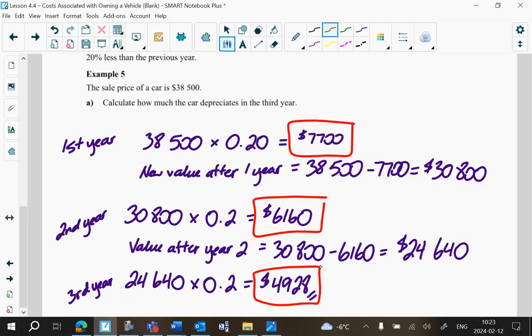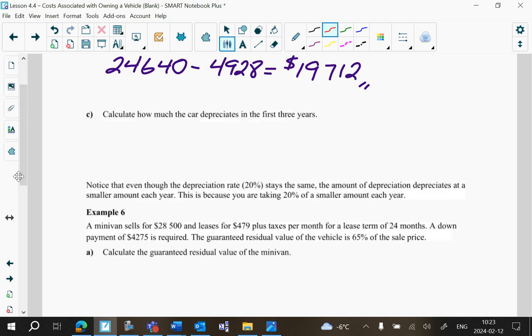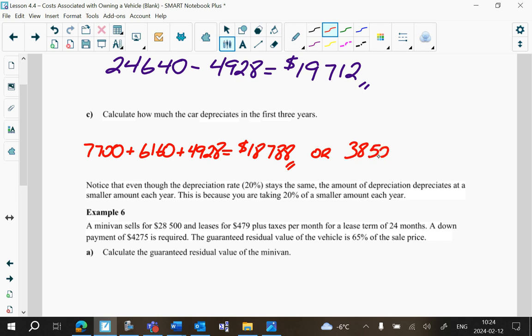So you can do how much it depreciates after the first year, plus the second year, plus the third year, and add those together to get 18,788. Or take the original value of the car, which was 38.5, subtract the value of the car after year 3, which we just calculated above to be 19,712, and you're going to get the same thing.